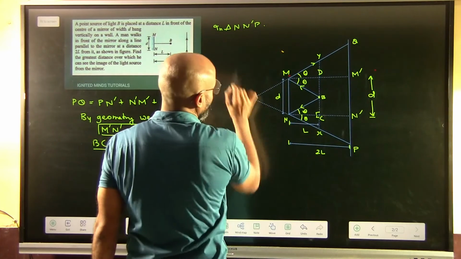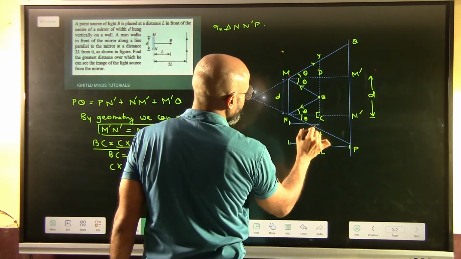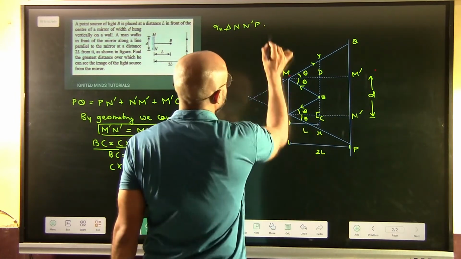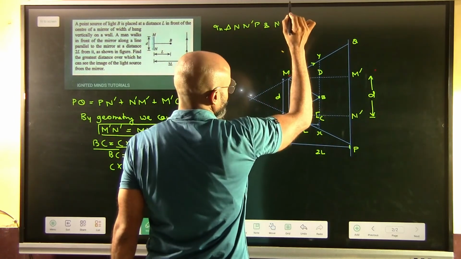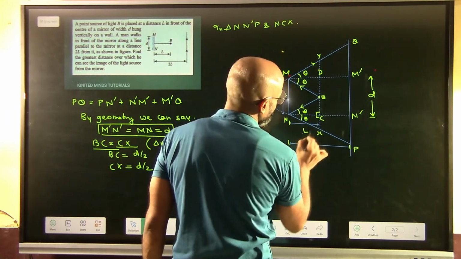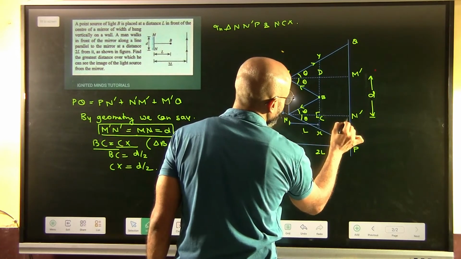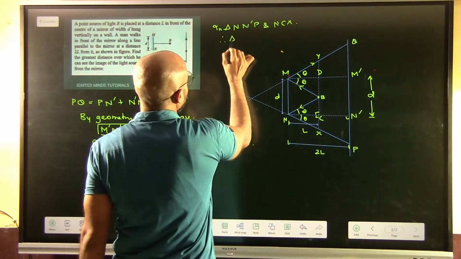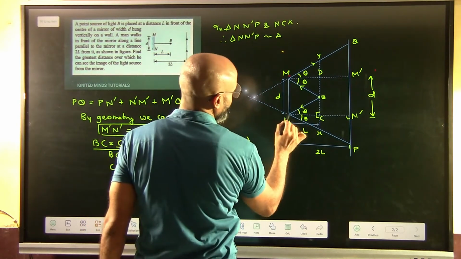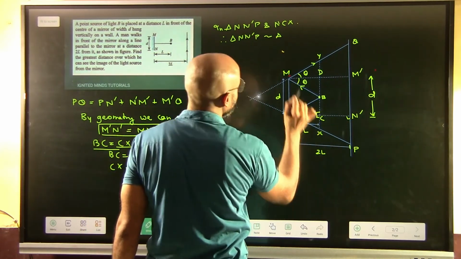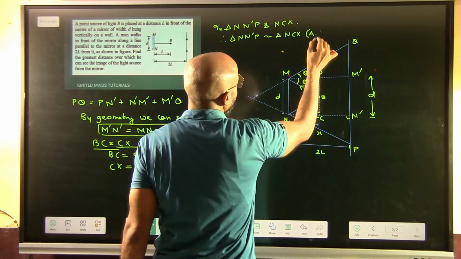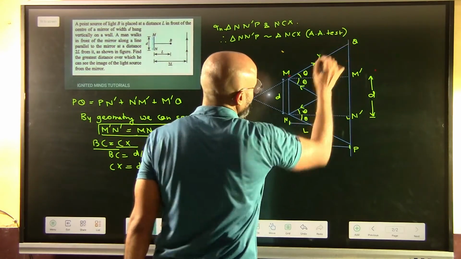So in triangles N dash P and NCX, if you see, this angle theta is common to both, and obviously this will be 90 and this will be 90. So we can say that triangle N dash P will be similar to NCX by the AA test.